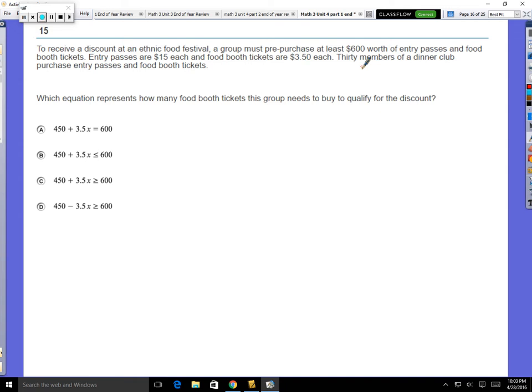So 30 members of a dinner club, okay, 30 members, here we go, purchase entry passes and food booth tickets. Write an equation that shows how many food booth tickets this group needs to buy.